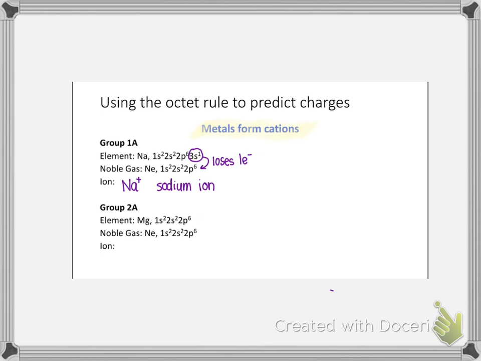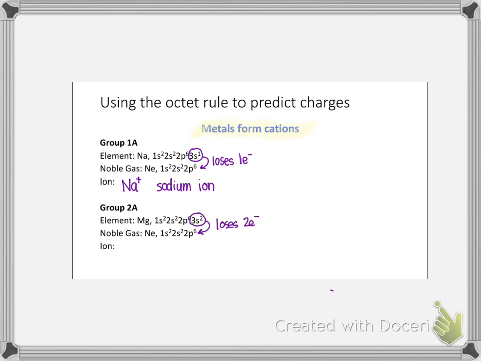And now the electron configuration for magnesium and neon match. This is what the octet rule is saying. So it says what magnesium would like to do is lose these 2 electrons. And that way it will have the same electron configuration of the noble gas closest to it, neon.